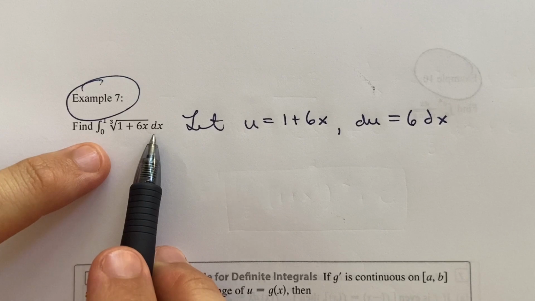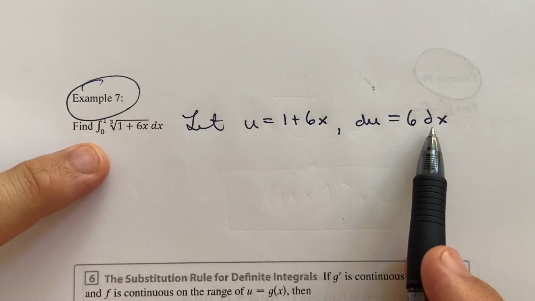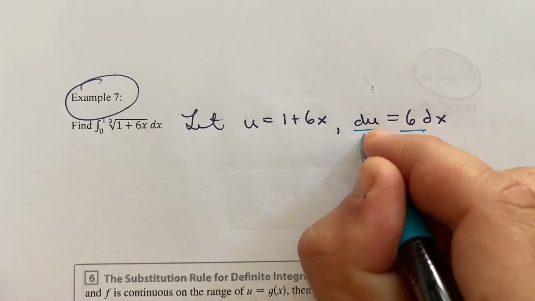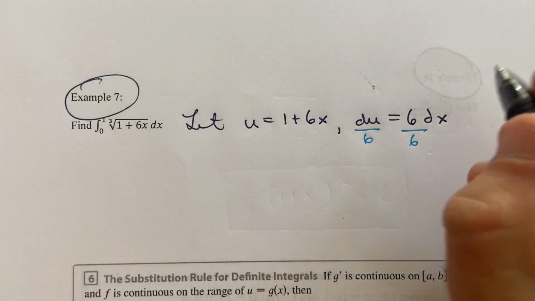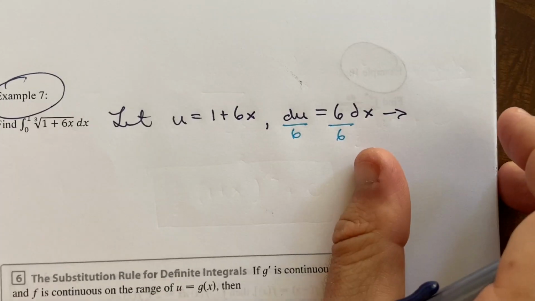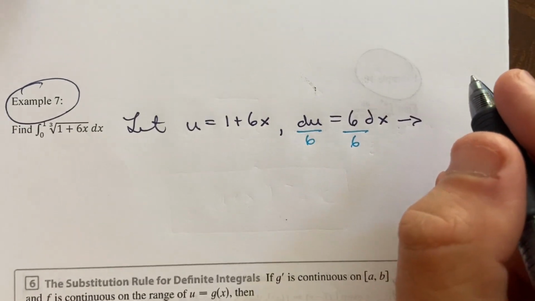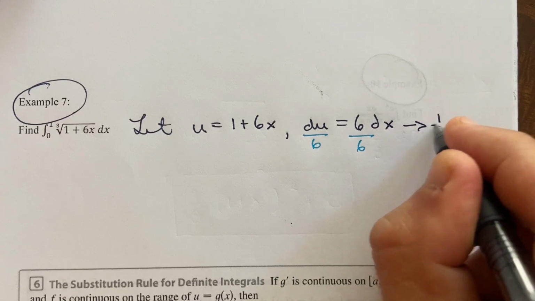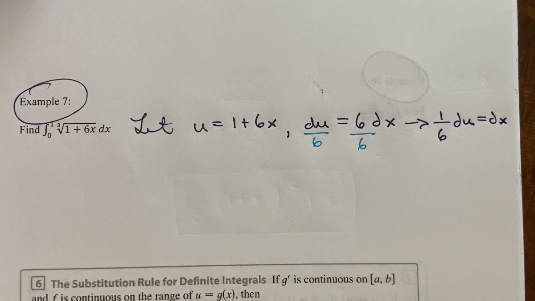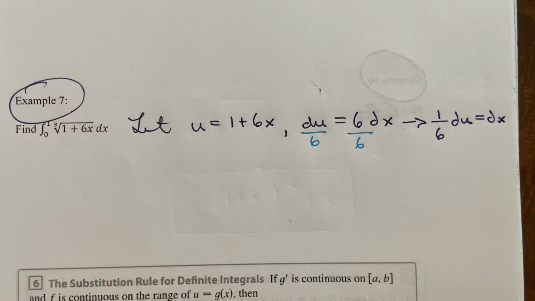Right, I don't have the 6, so I need to solve for just dx. I'll divide by 6. So I would have 1/6 du equals dx. So where I have dx over here, I'll replace that with 1/6 of du.